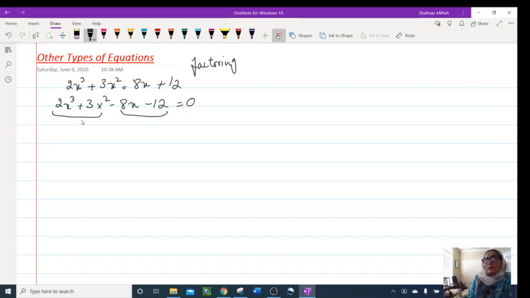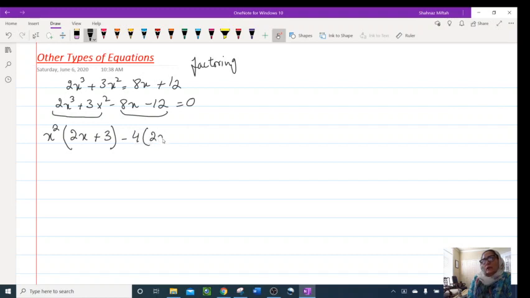Between these two, I'm making different sets, the common factor is x squared. Then inside is 2x, and then plus 3. And minus, what is the common factor here? It's not x, so it's 4. 4 goes into 8 and 12.